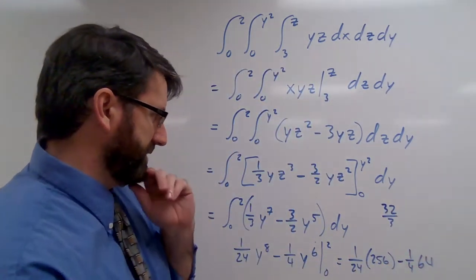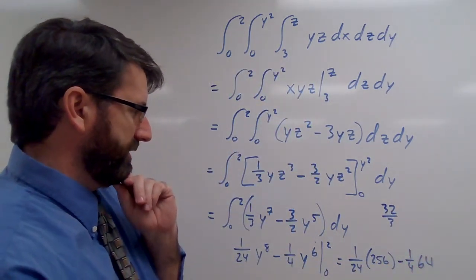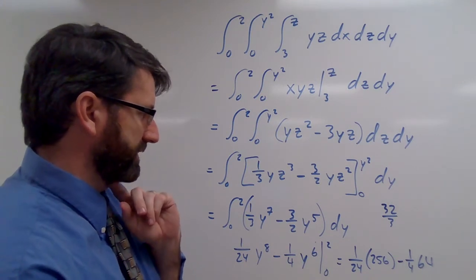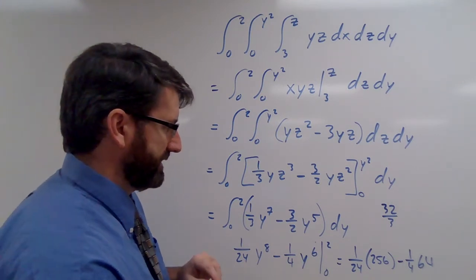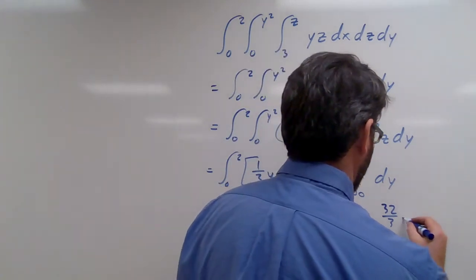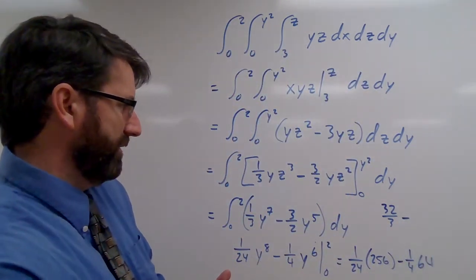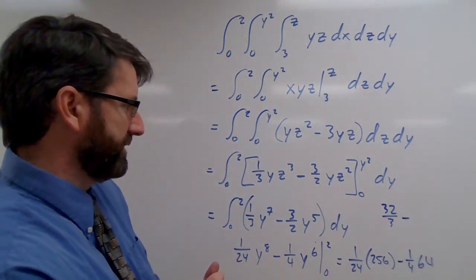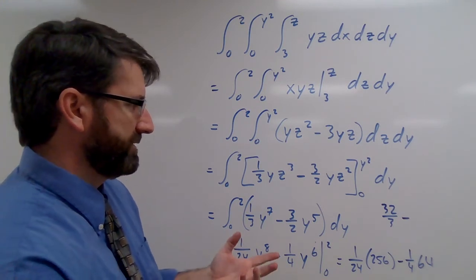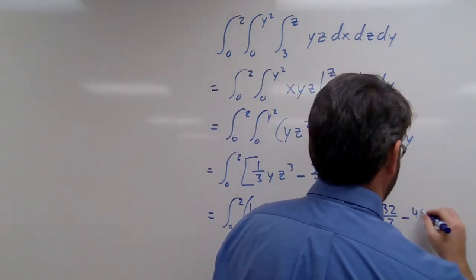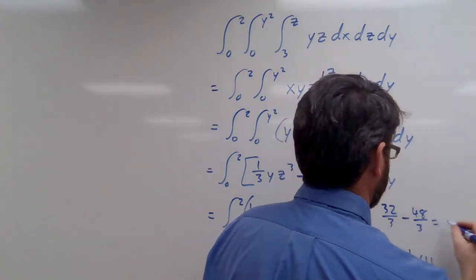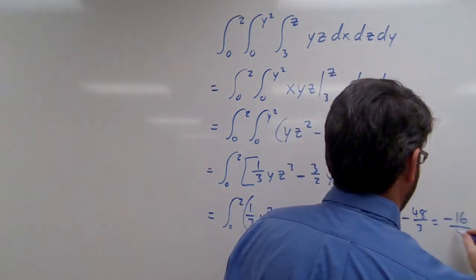And then 64 divided by 4 is going to be 16. So minus 16, what would that be in thirds? 16 times 3 is 48, so 48 thirds. So this is going to be negative 16 thirds.